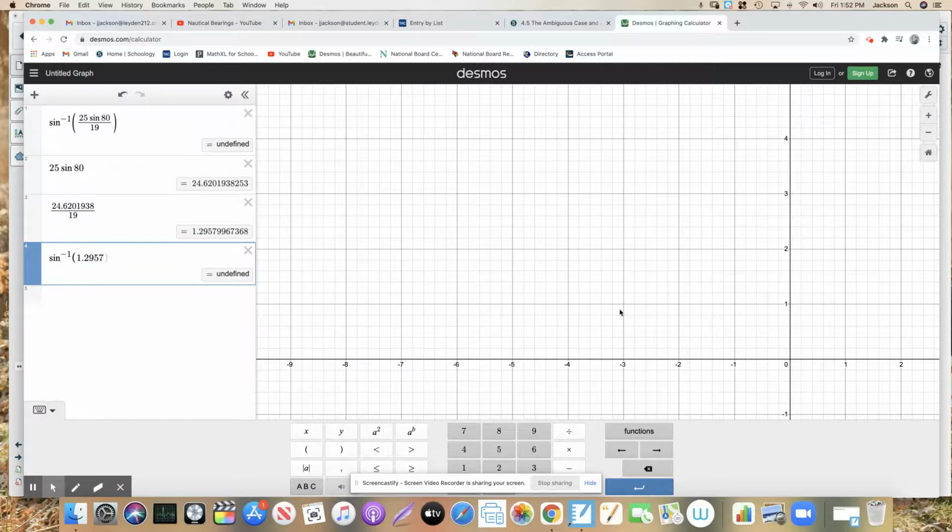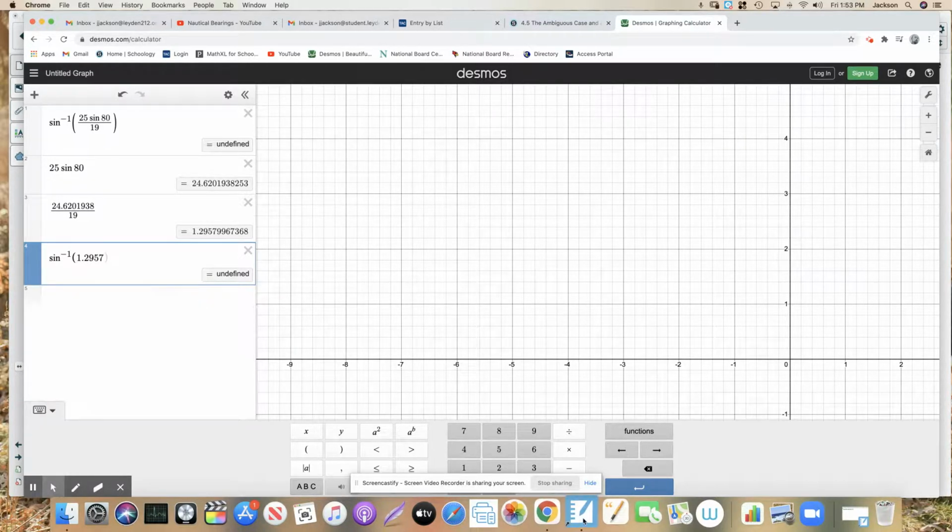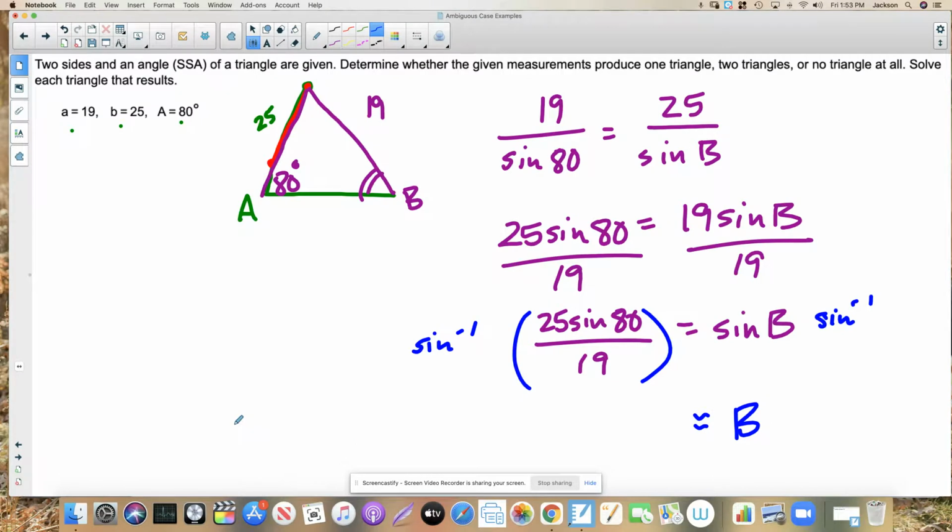One of the reasons for this is that you can't take the inverse sine of a number greater than 1. It has to do partially with the unit circle, but we could talk about this now, because we've already determined that the answer to this question is there's no solution, or we would say no such triangle, because we tried to do this one calculation and it didn't work.